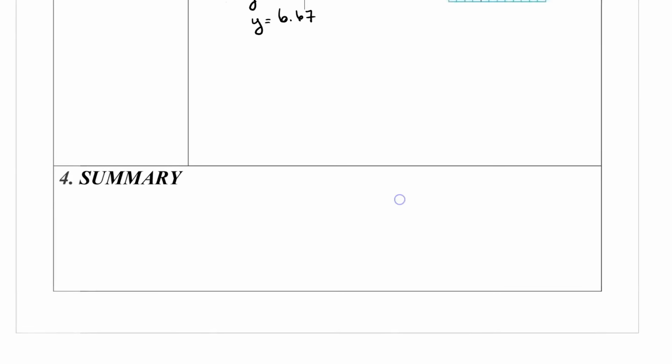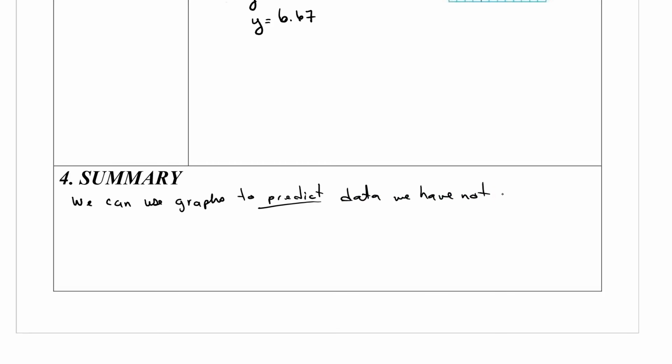So in summary, we can use graphs to predict data we have not collected.